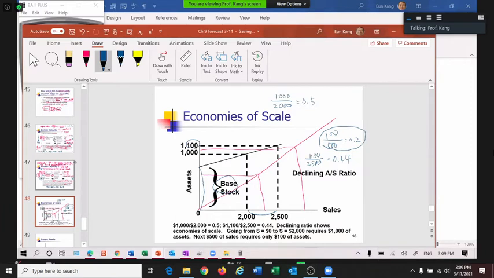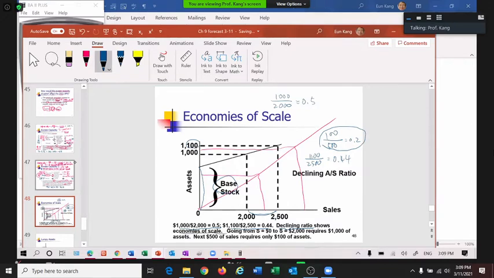So it is just a different asset ratio according to sales. Here it shows 1,000 over 2,000 is 0.5, and 1,100 over 2,500 is 0.44. So a declining ratio shows economies of scale.